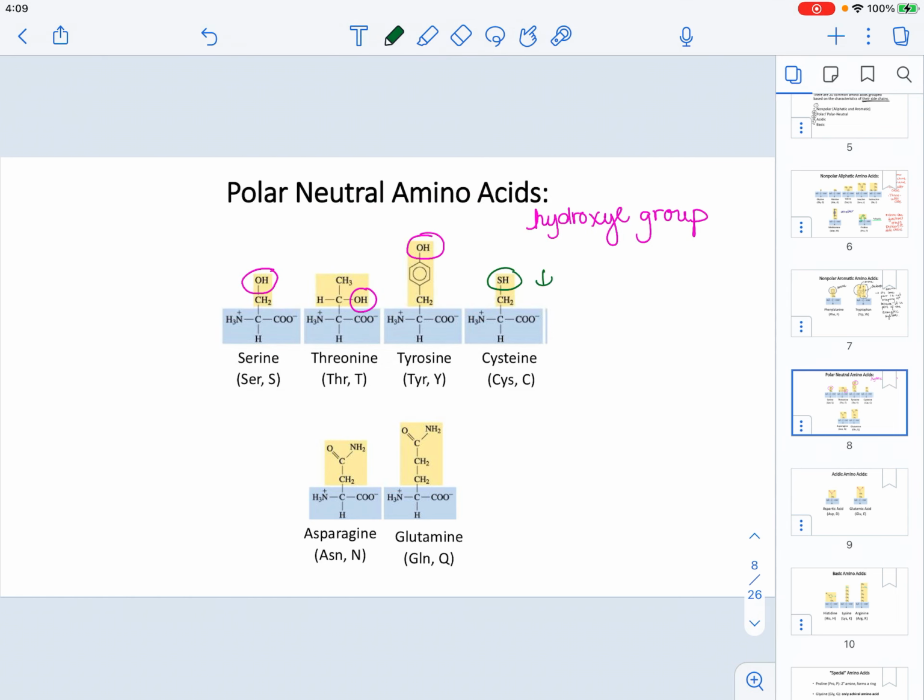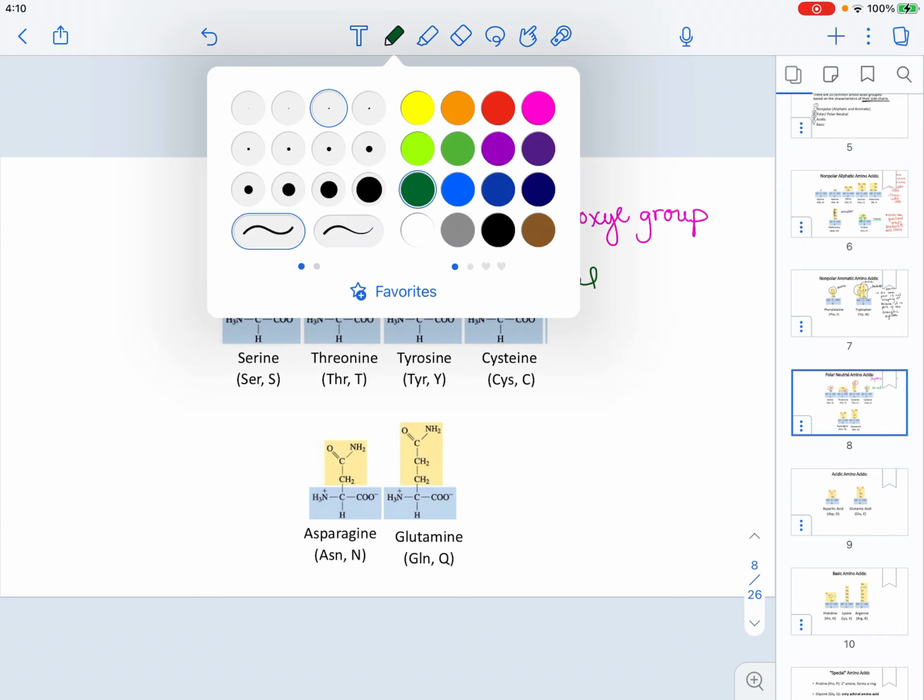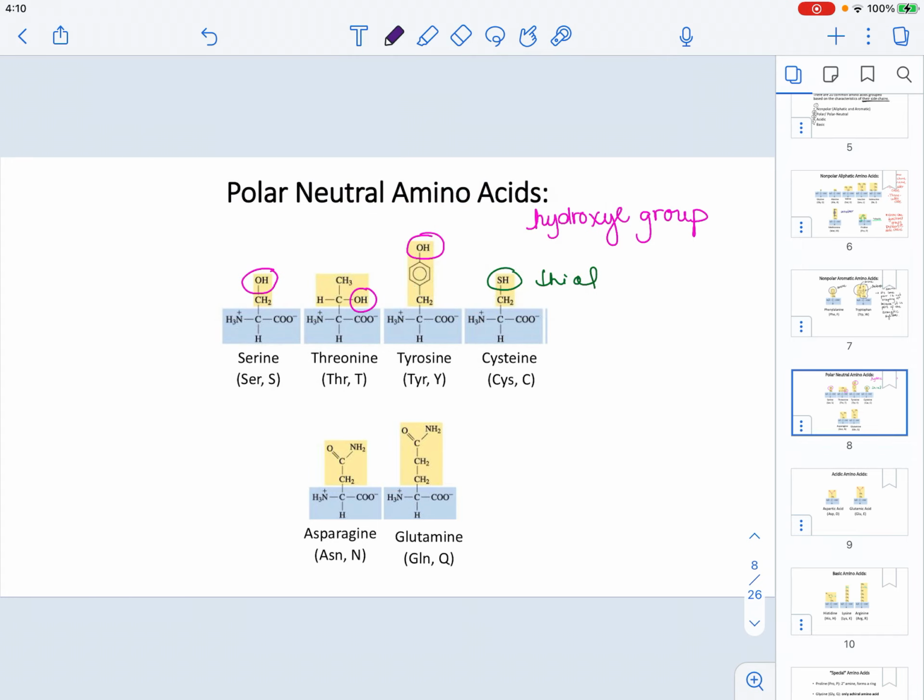Cysteine contains a thiol group. And as we look around, the major functional group in the side chain for asparagine and also for glutamine is going to be an amide bond.